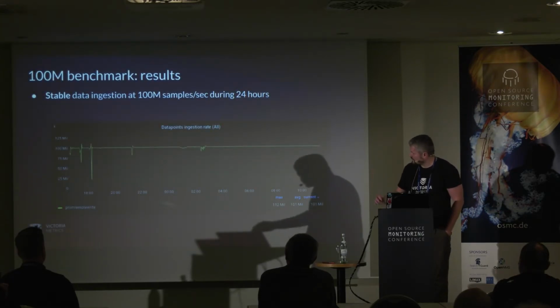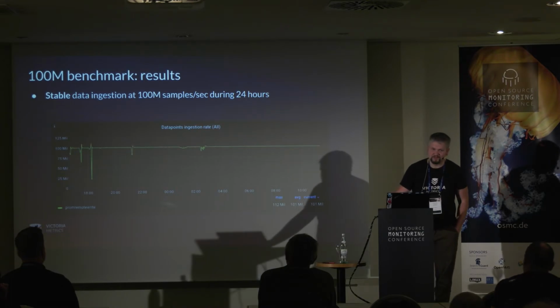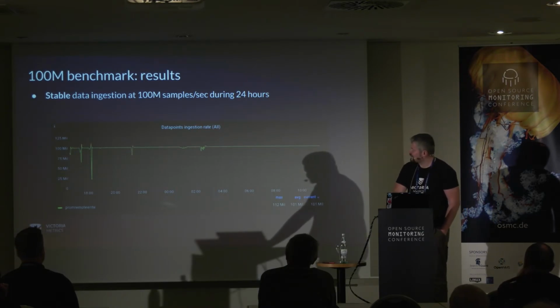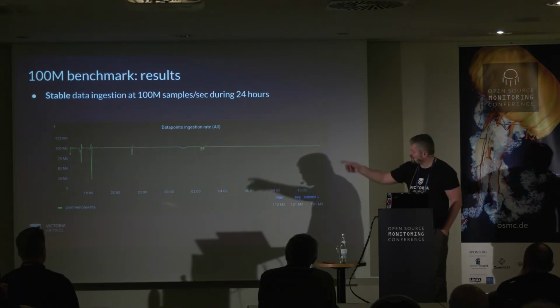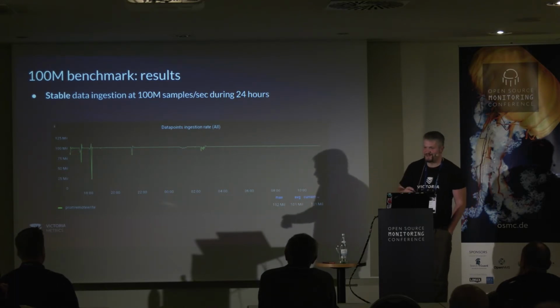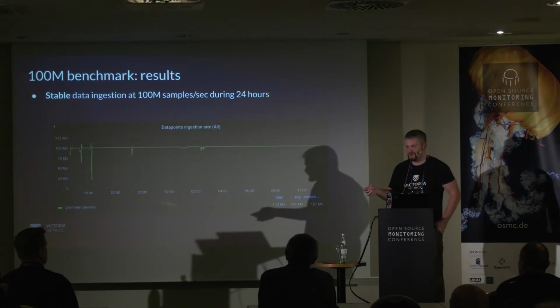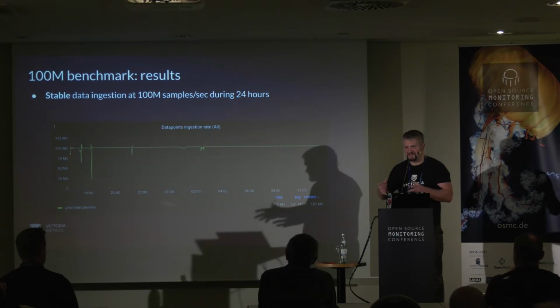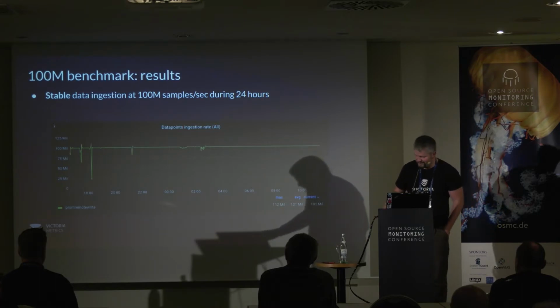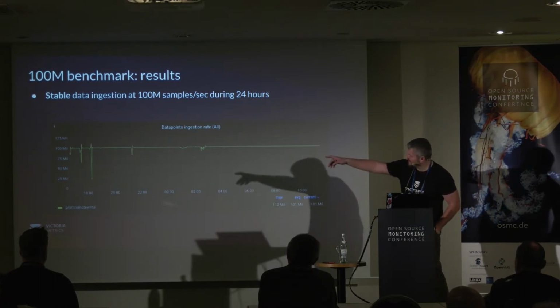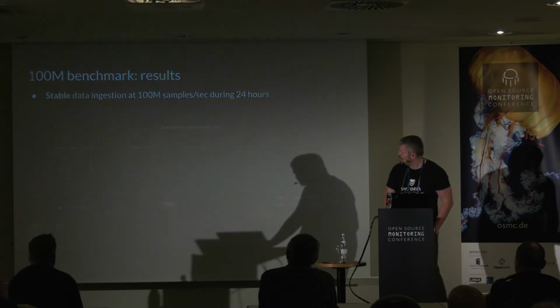The result is that we achieved stable data ingestion performance at 100 million samples per second during 24 hours. There were some spikes. These spikes are related to spot nodes because we used spot instances in Google Cloud. These instances can shut down at any time and restart at any time, and some instances were restarted, which resulted in these spikes.